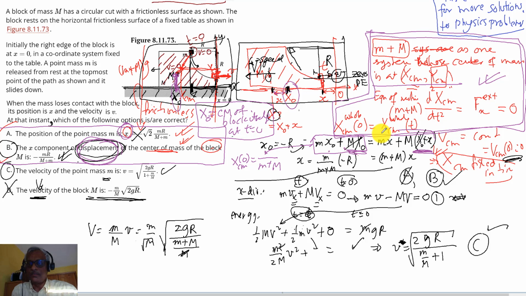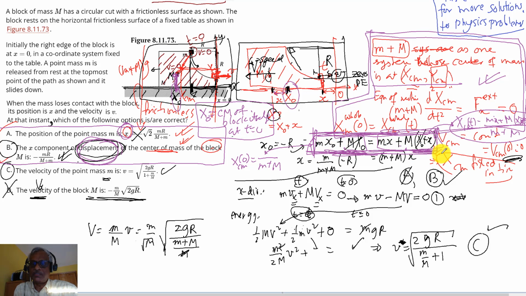And the center of mass of the total at t will just be this guy, mx plus big M (x0 plus x) divided by m plus M. I didn't use this, but I was able to come up with this formula because the denominator will be the total mass.